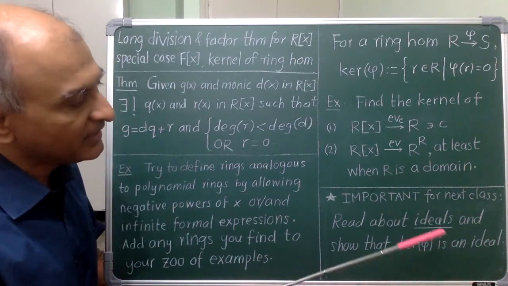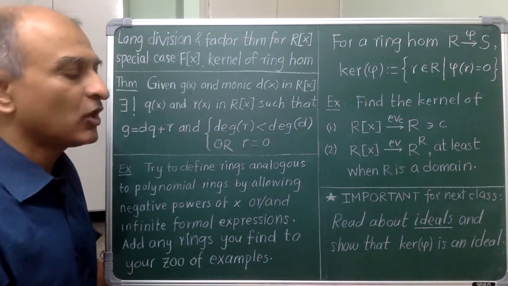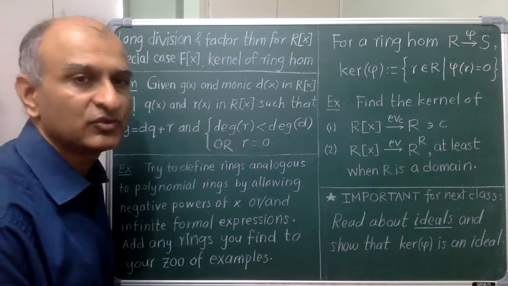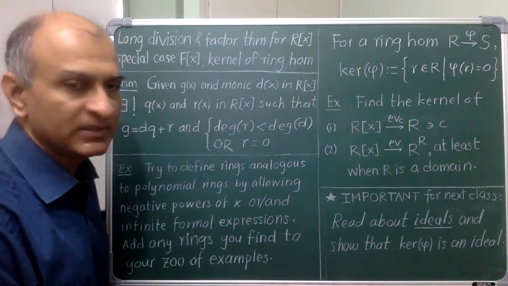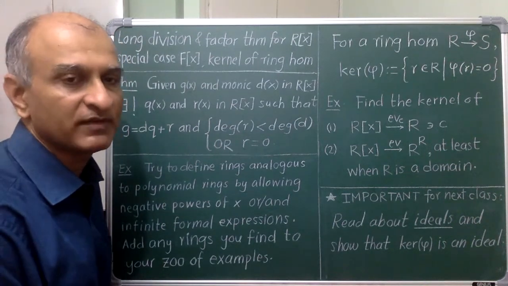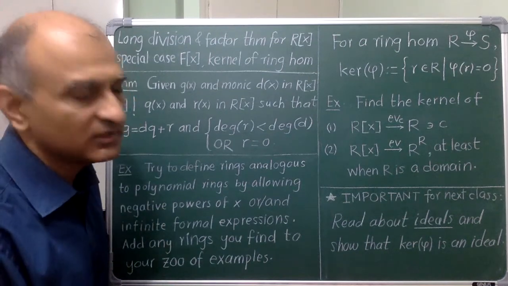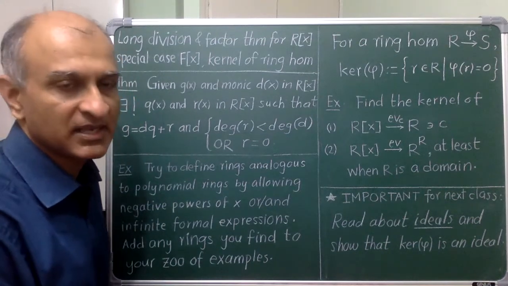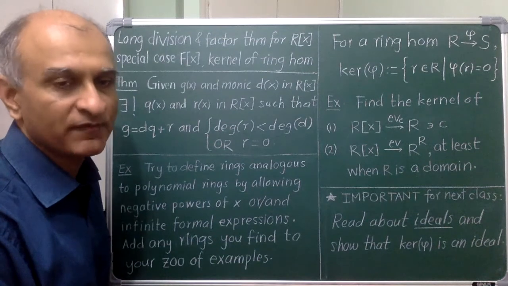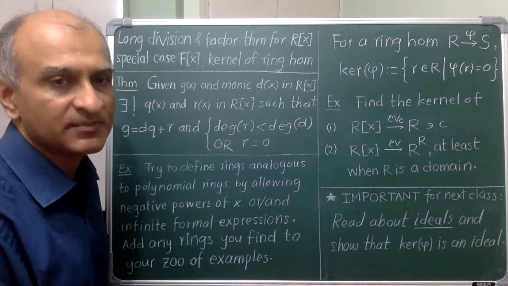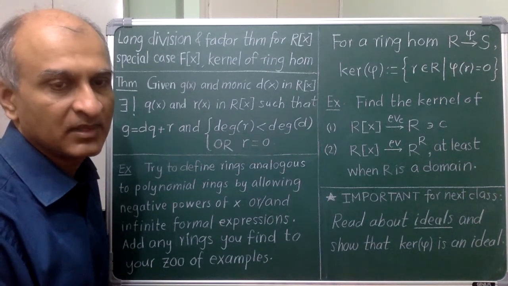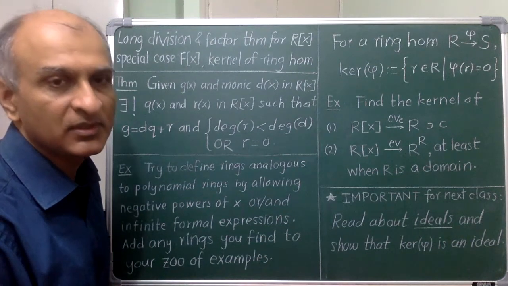We will define ideals in the next class and talk about ideals at great length throughout the course. So please try to read what the definition of an ideal is, try to show that the kernel of a homomorphism forms an ideal, and in your zoo of examples, try to find as many ideals as you can. This is going to be very useful for the future.